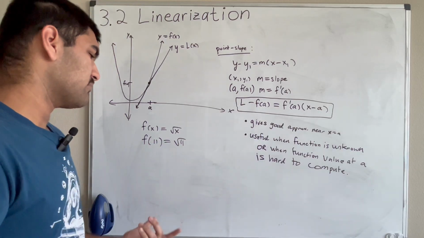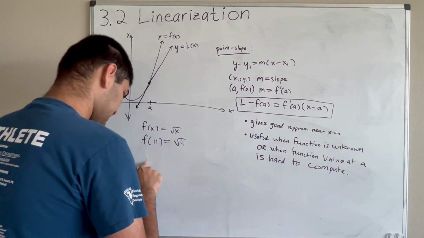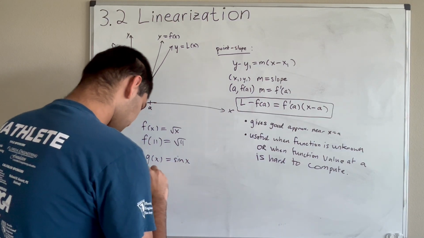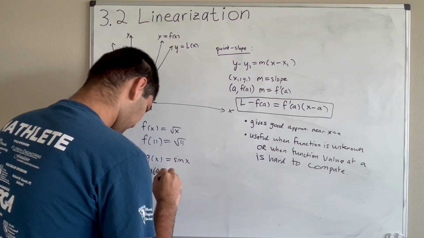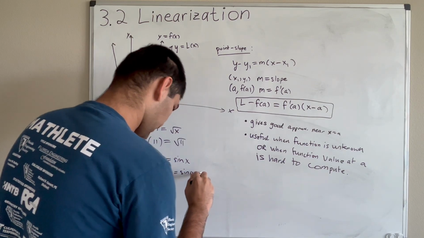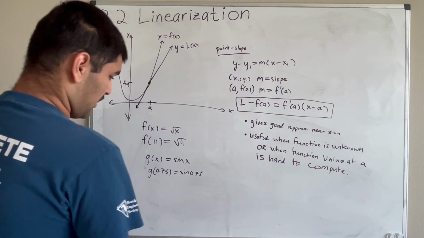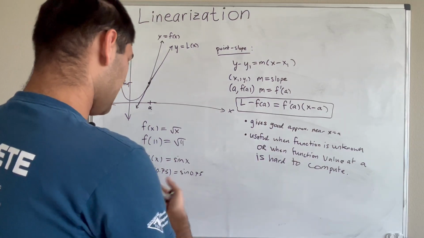Or another example is if we had g of x equal to sine of x, and then finding g of, let's say, 0.75. Finding sine of 0.75 is also pretty difficult. So these are cases when the function value at a is hard to compute.